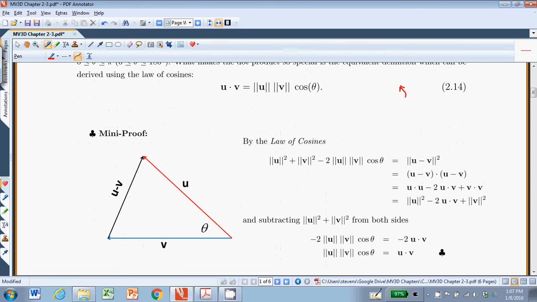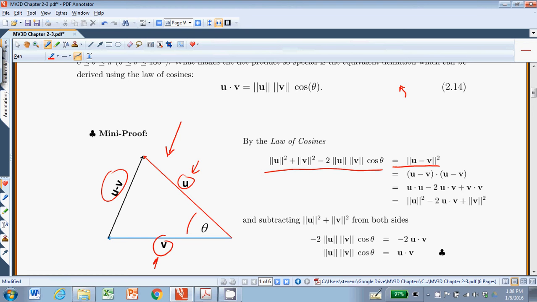All right, if you look at our triangle here and apply the law of cosines, and we'll say this is our angle of concern, what the law of cosines says is that this length squared plus this length squared minus 2 times this length times this length times the cosine of theta is equal to this length over here squared.